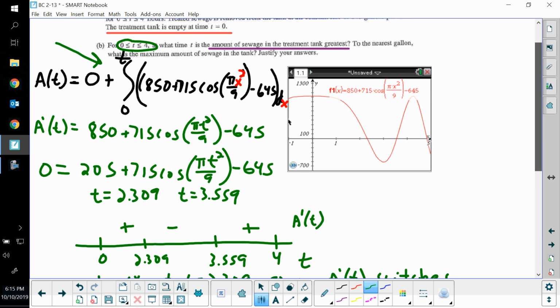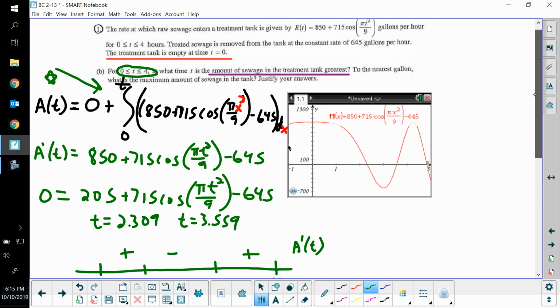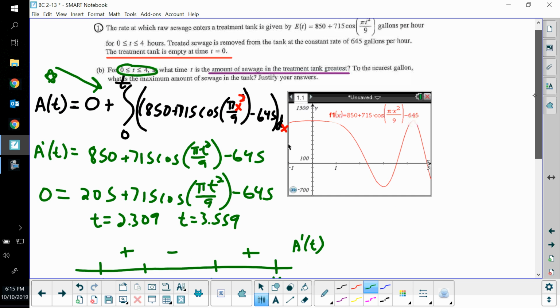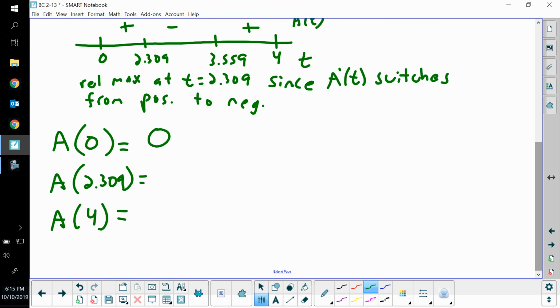So on a calculator page, you're going to type in our A of t function, but fill in for t the 2.309, see what you get. Fill in the 4, see what you get. And just notice as you're doing that, they're going to want that sewage amount to the nearest gallon. So we're going to pause the video for 2 minutes, see if you can find each of those to the nearest gallon.